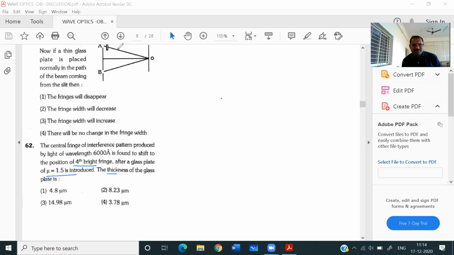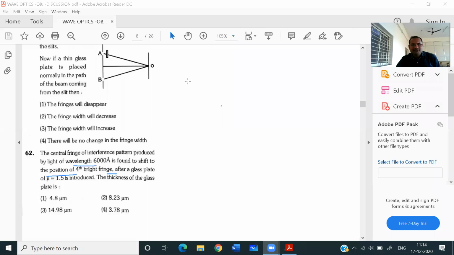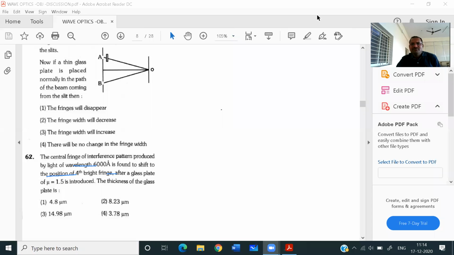Now see, when this glass slab is introduced, there is a shift. Up to here it came, so this shift is given as equal to the fourth bright fringe.